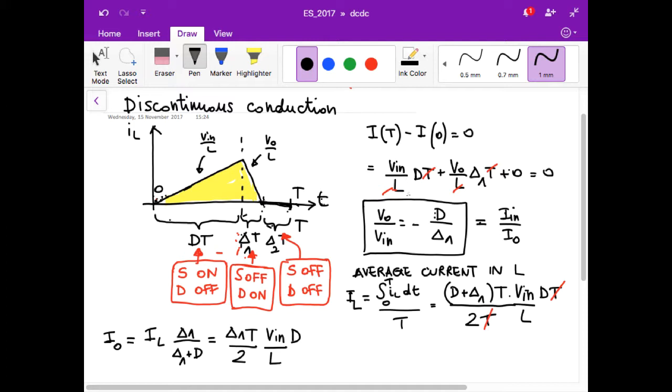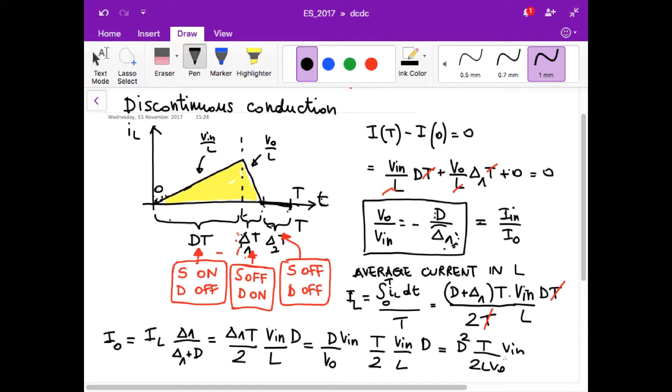So finally I can take delta 1 from here, and if I take it from here, I have something like, instead of delta 1, I can write D over VO times V in times T half V in over L times D. So to summarize everything, I can put D to the power of 2 times T over 2 LVO over V in.